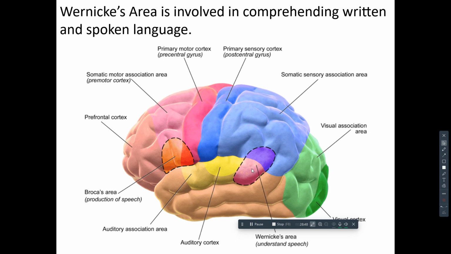Now remember, I had Broca's area earlier. Broca's area was where I controlled my muscles of speech, but Wernicke's area is where I am going to understand and figure out exactly what I'm hearing.